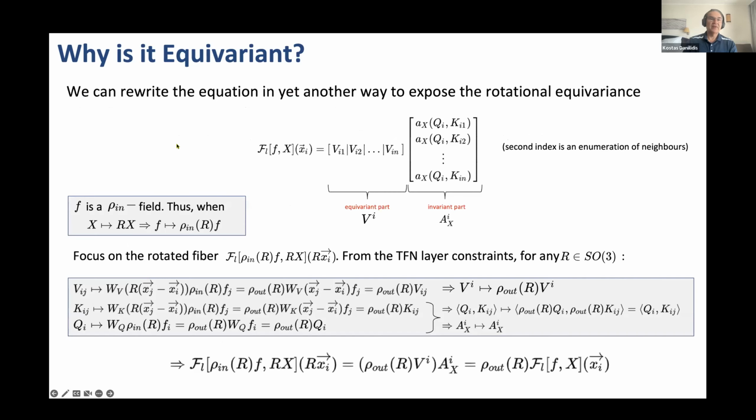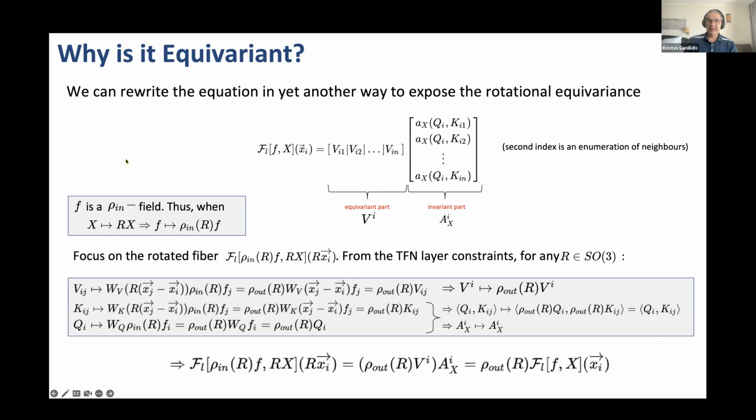To see that it's equivariant to rotation, you can take a picture of this slide. I'm not going to go over the whole thing. But you can see that for the value, the key and the query matrices, we can prove that rho out of R times the weight matrix is equal to W times rho in.